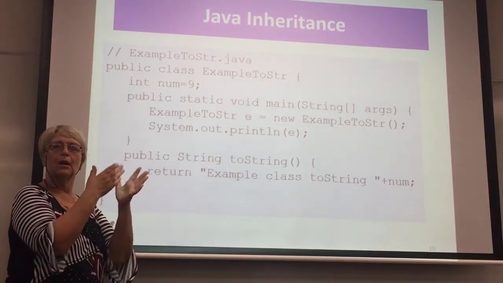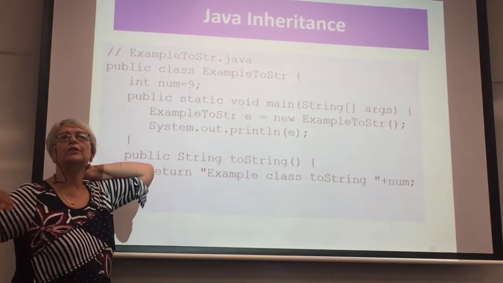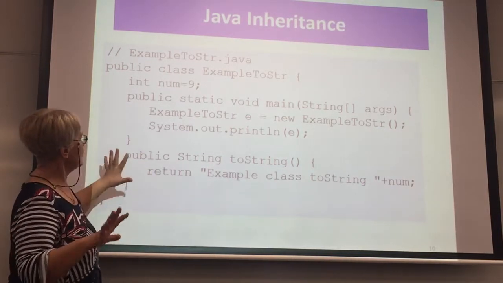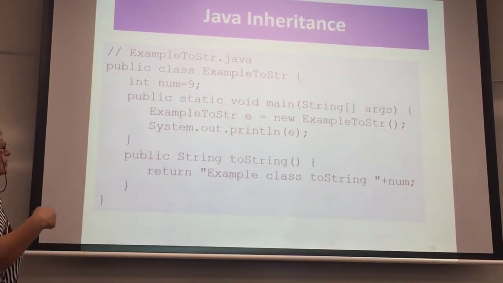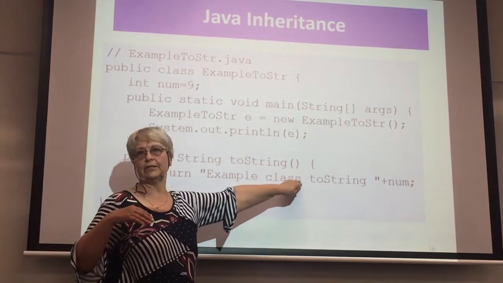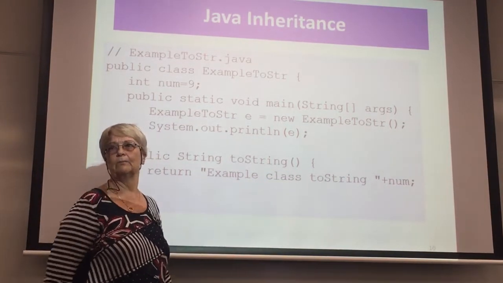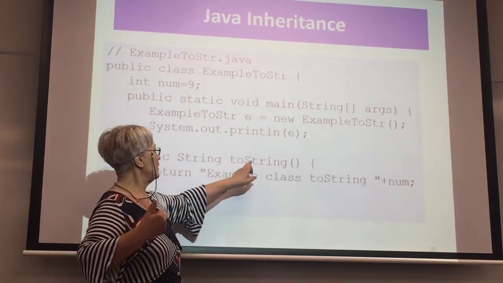For your assignment, you have to look at how you implement print in your individual classes. Now, as you can see, this is a prototype, and each of your classes for your assignment has to have this. In other words, you overload the toString method. And C++11 has a method called to_string.